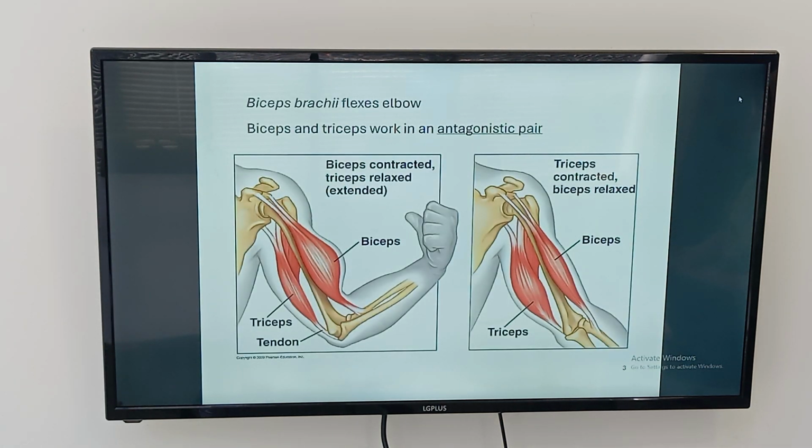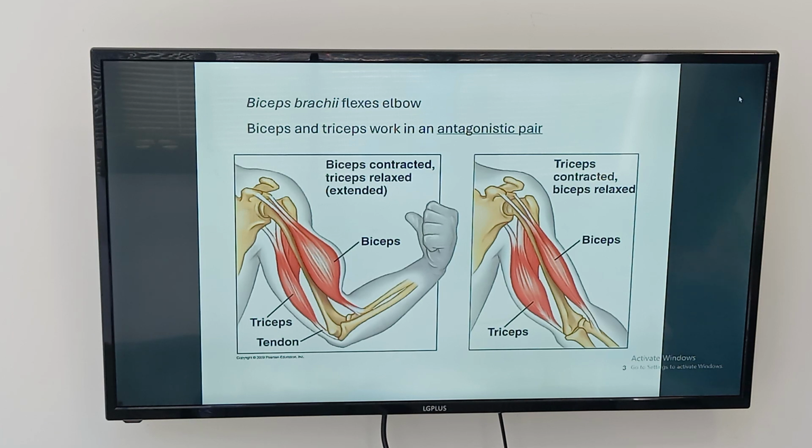For a starter, when we as humans flex our elbow, the action of flexing is done by the biceps brachii.